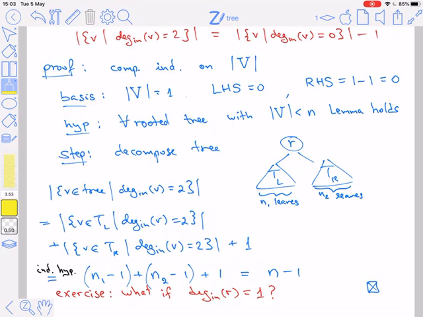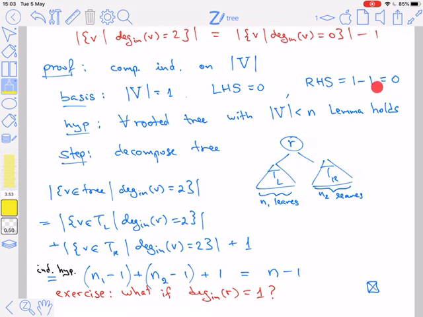Okay. So we want to prove that in a rooted tree of in-degree at most 2, the number of vertices of in-degree 2 equals the number of inputs, or the number of leaves, minus 1. Okay, the proof is, again, complete induction over the number of vertices. The induction basis, when the number of vertices is 1, is simple, because then you have 0 vertices of in-degree 2 and 1 leaf.